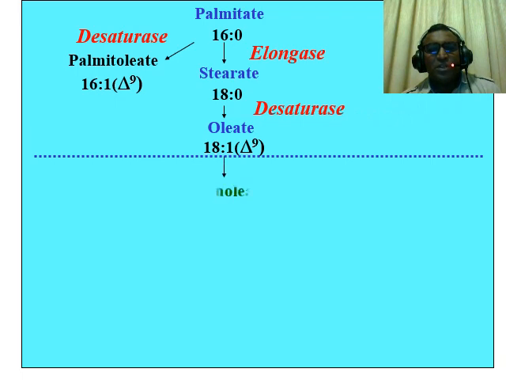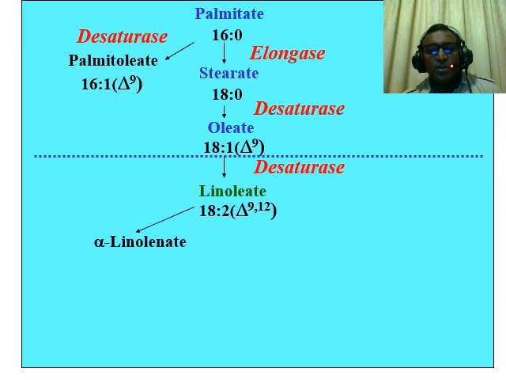However, beyond this, all those fatty acids cannot be formed by mammal cells because they do not have the desaturase to form a double bond at position 12 or position 15 and so on.